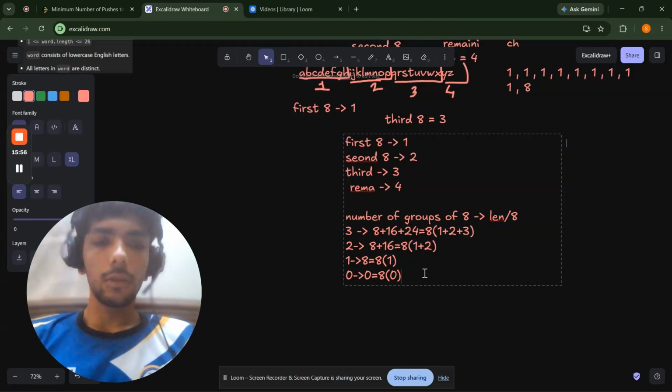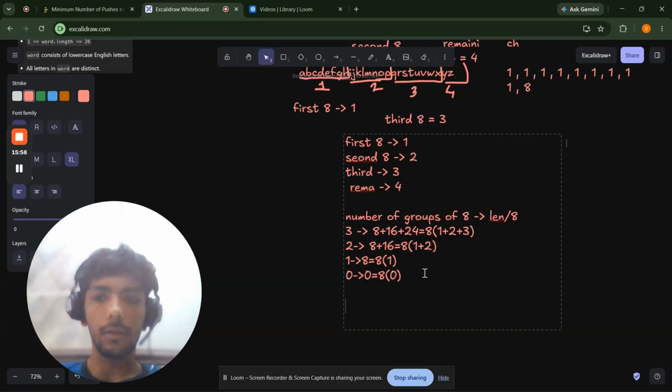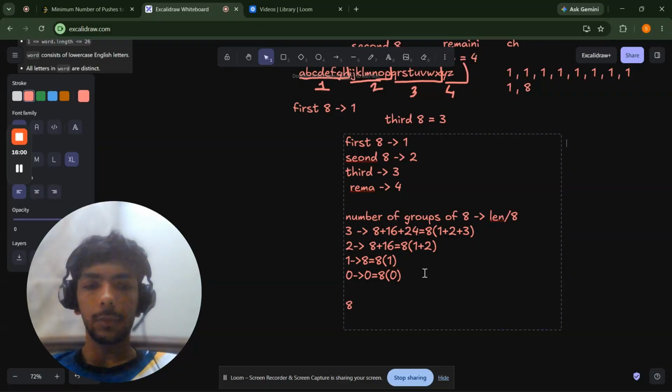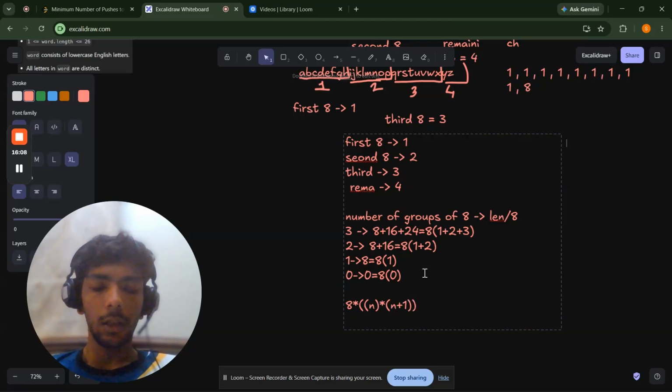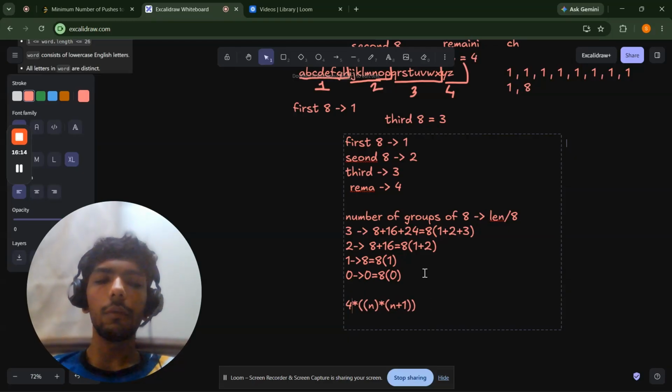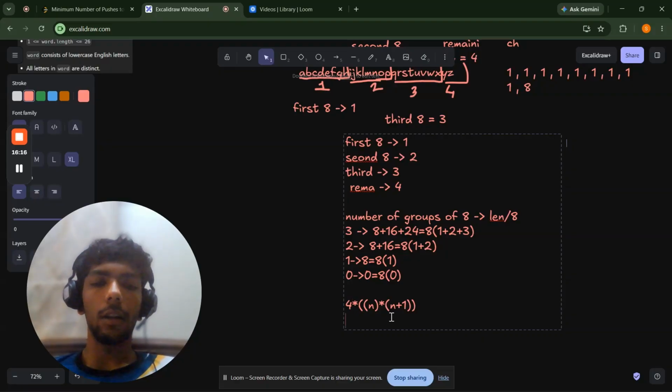So we can get it by 8 star n star n plus 1 by 2, which will become 4.